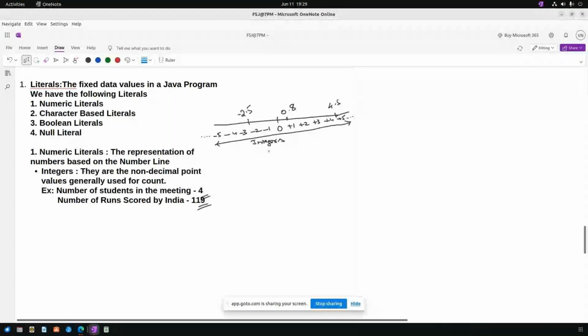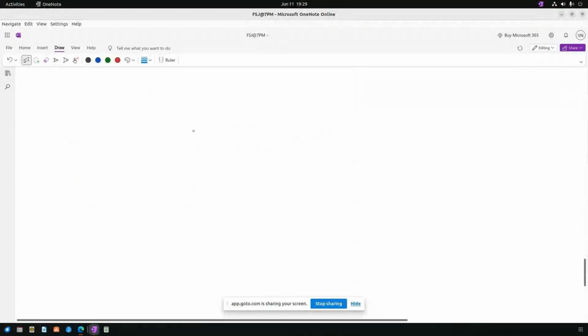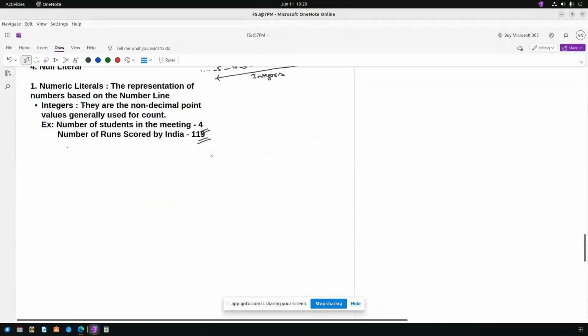Sometimes if I ask you a simple calculation, for example, take out 110 from 120. So what is it?